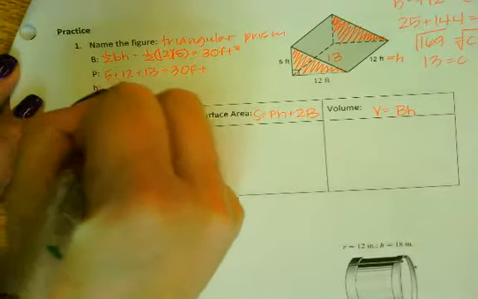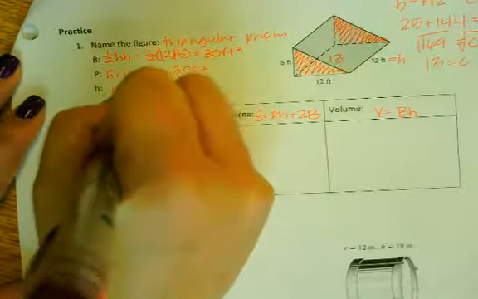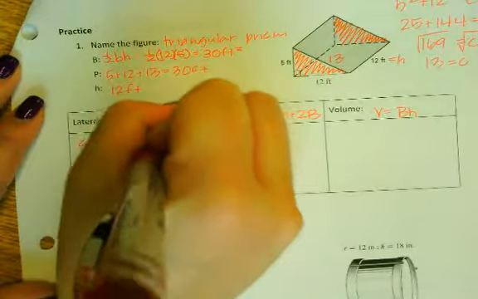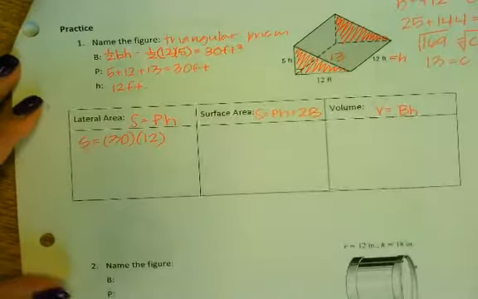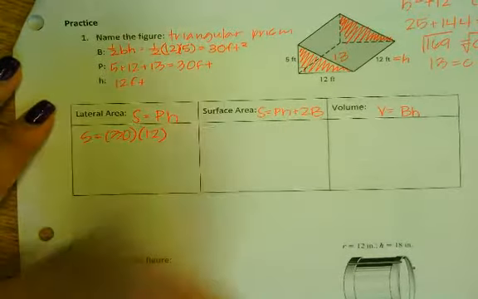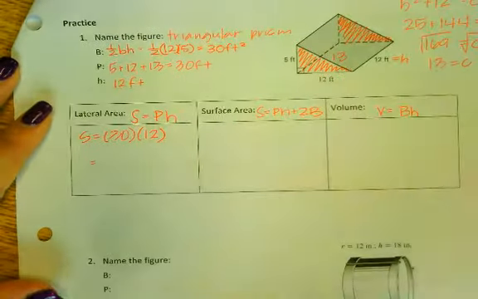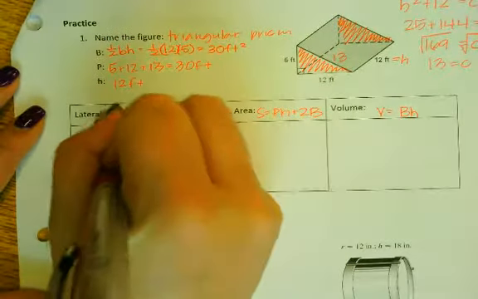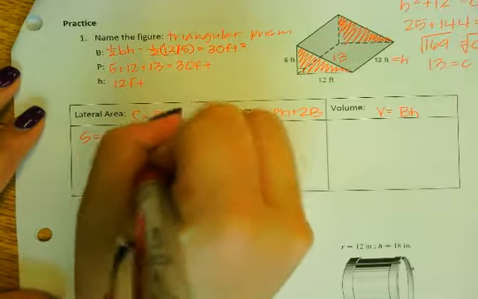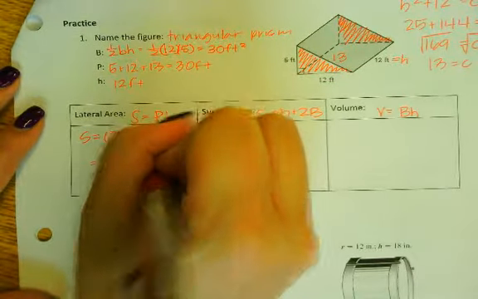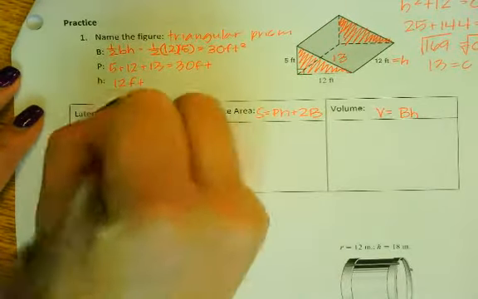Okay, so L equals P, which is 30, times H, which is 12. So what is our lateral surface area? 360 what? Feet squared. Anytime you're dealing with area, square area.